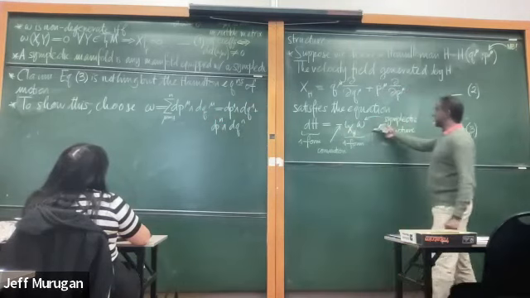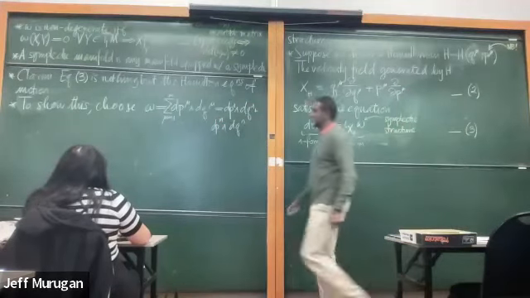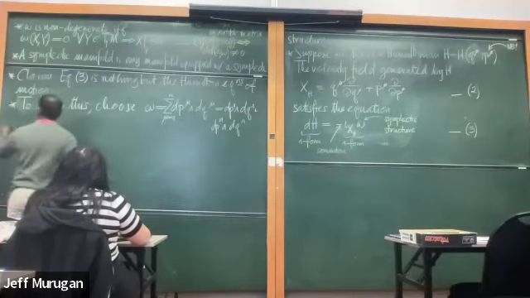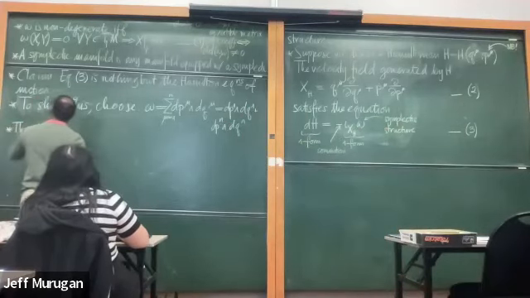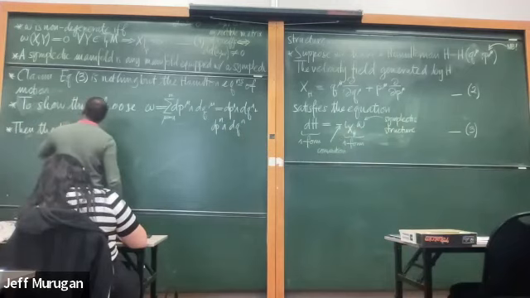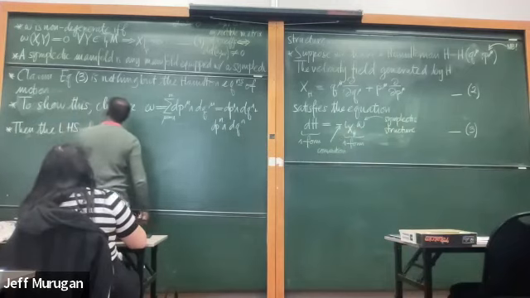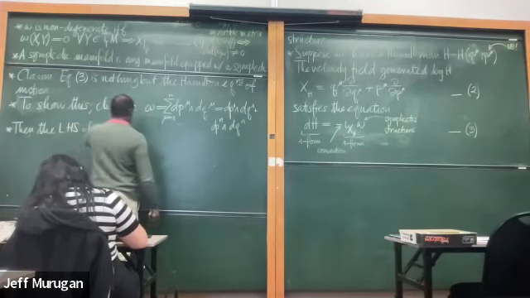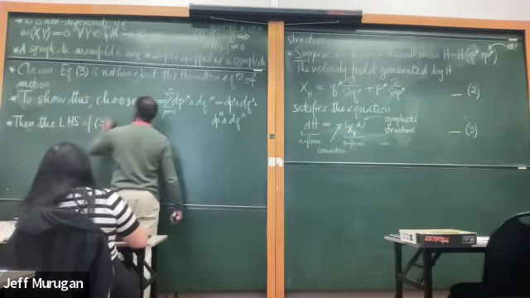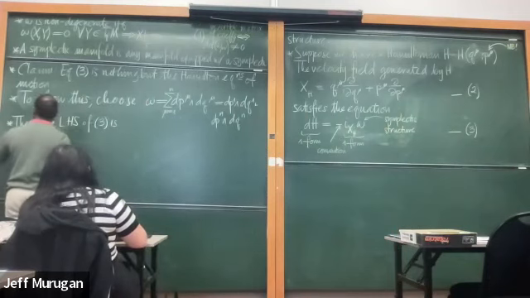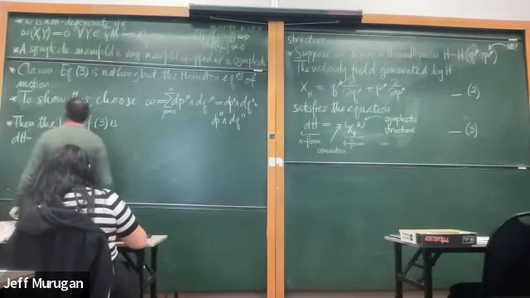Okay, so let's show then that gradient H is just, so on the left-hand side. Left-hand side of gradient H in this coordinate basis is dH.